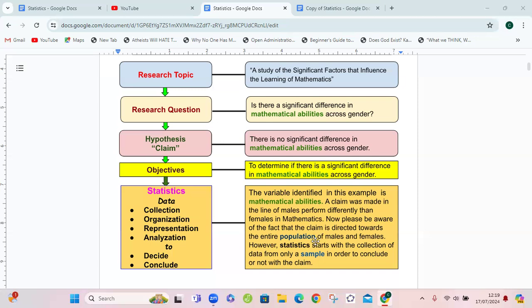However, statistics starts with the collection of data from only a sample in order to conclude or not with the claim. So data has to be collected from a sample so that conclusions can be made about the population. And this requires the process of statistics.